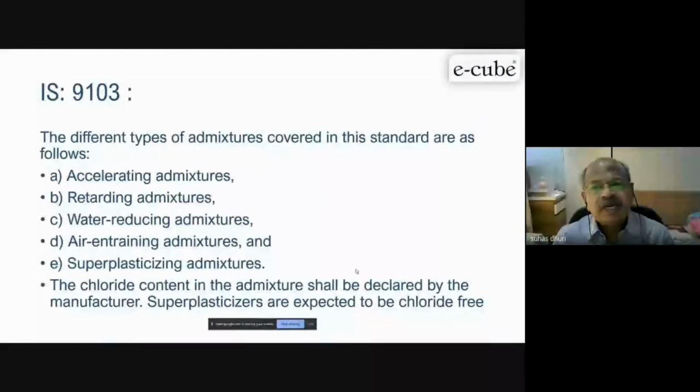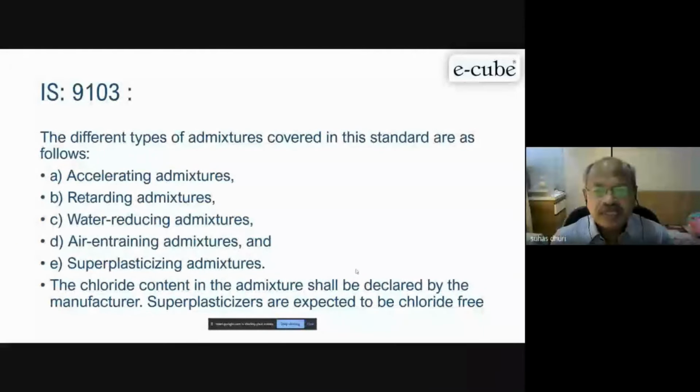Now various types of admixtures are available for specific applications. Depending on your application, you can choose what type of admixture to use in a particular concrete. Accelerating admixtures are there, retarding admixtures, water reducing admixtures. Generally, we work with water reducing admixtures.